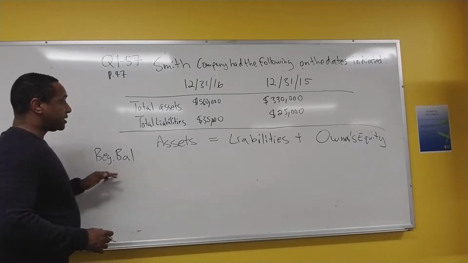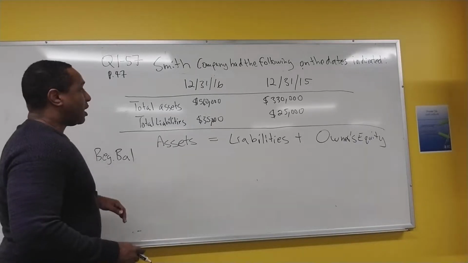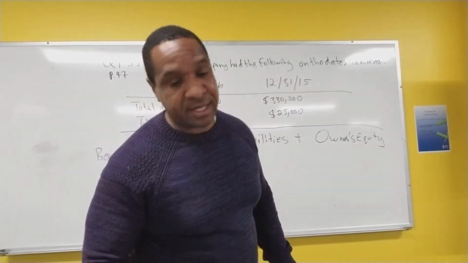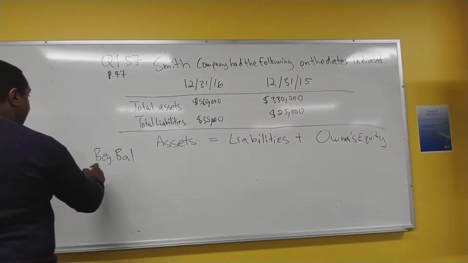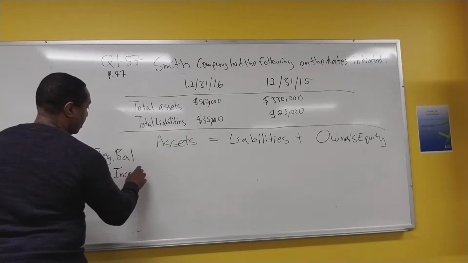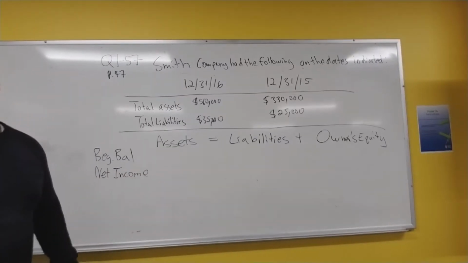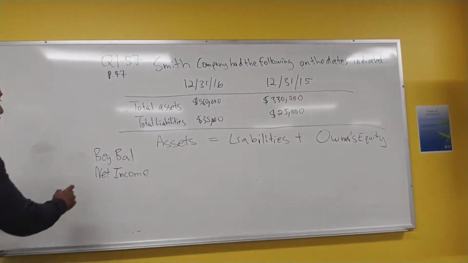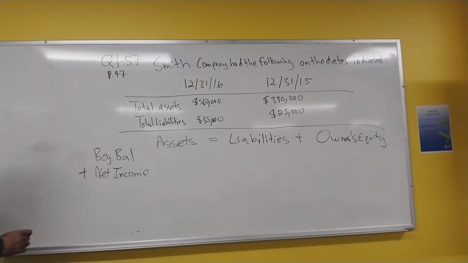So how we're going to do this, the changes are based on, it said, net income and dividends. So we know we've got net income. And think about it, the net income is money that's coming in. So think of it as a plus.